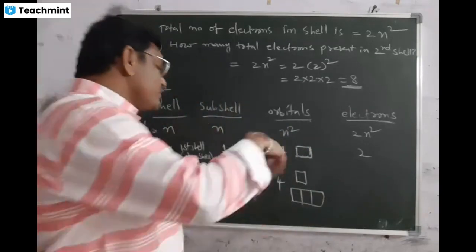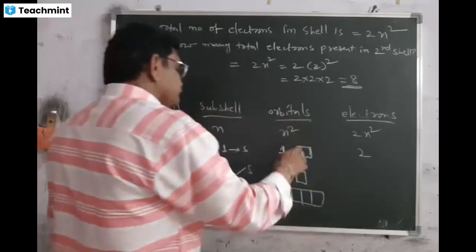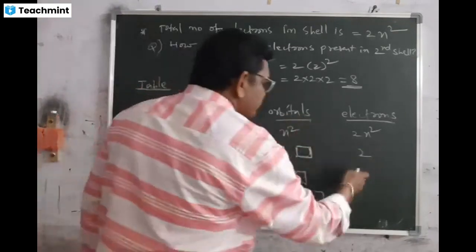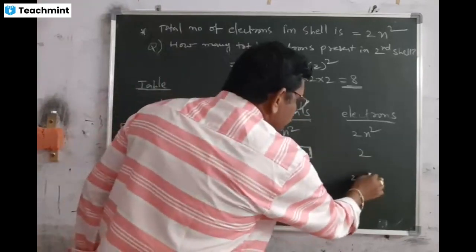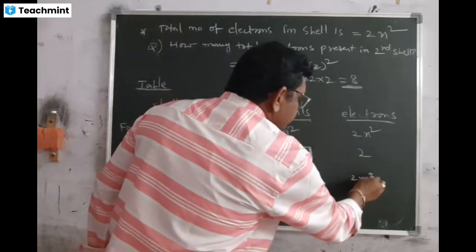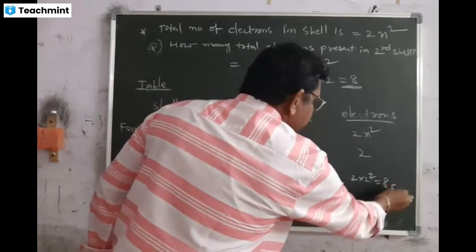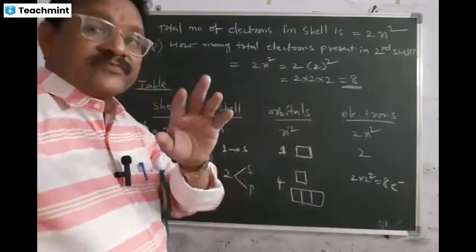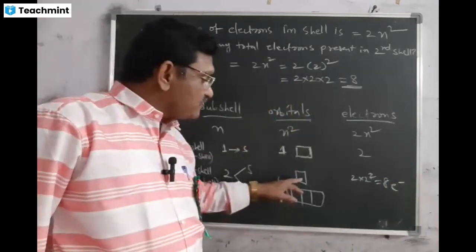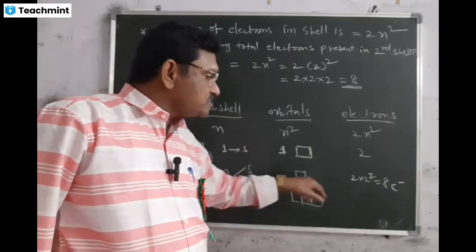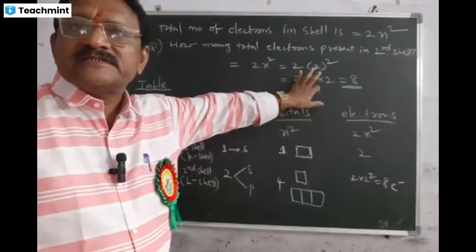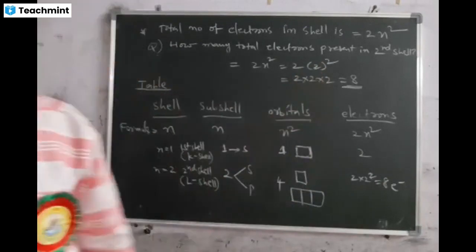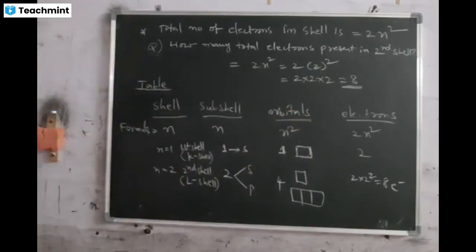How many electrons are present? 2 into 2 square, that is equal to 8 electrons. See, 1, 2, 3, 4, 4 2s are 8 electrons. Just now we did the same example.